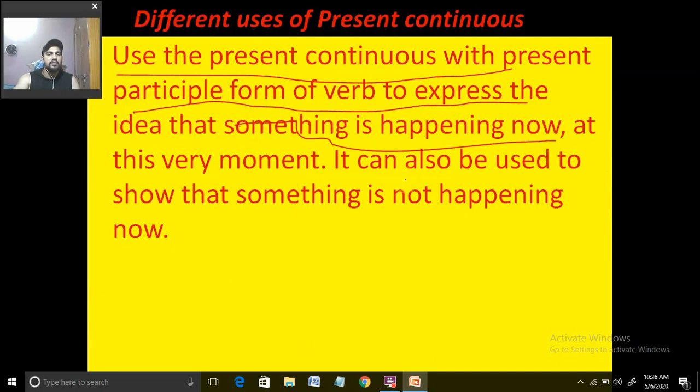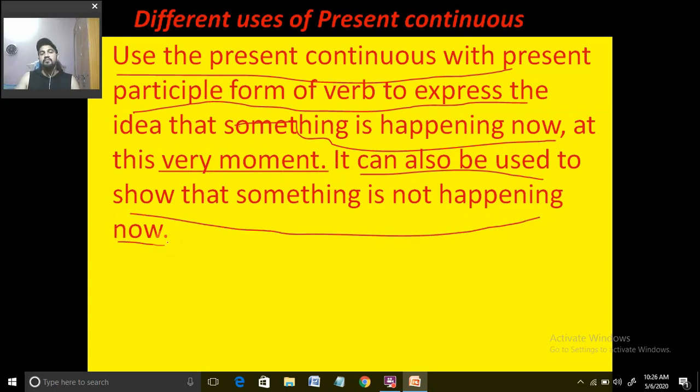We have discussed a lot about it already, and it can also be used to show something is not happening now, that is in the negative form. If I say I am working at the desktop right now, I can also say I am not working at the desktop now.